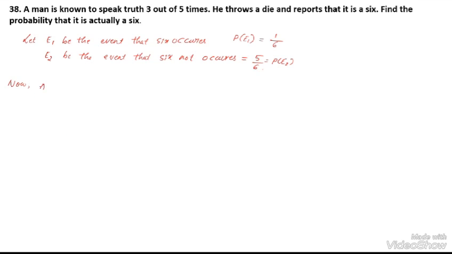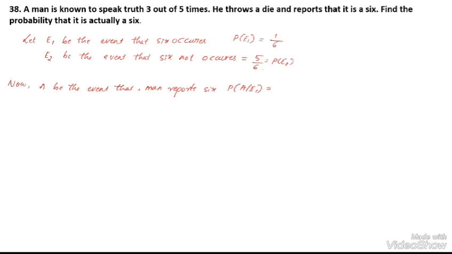Here I take another event A, the event that the man reports 6. What is the probability of A? It means conditional probability.